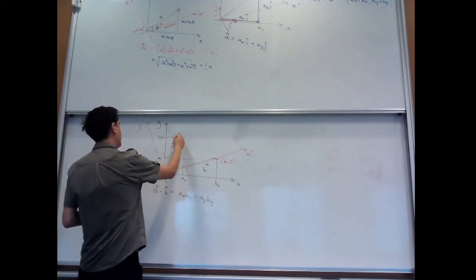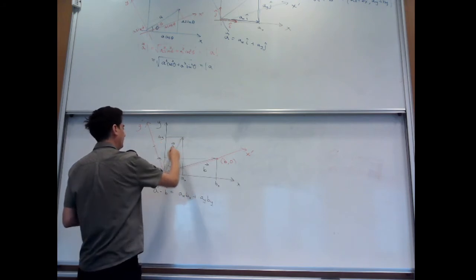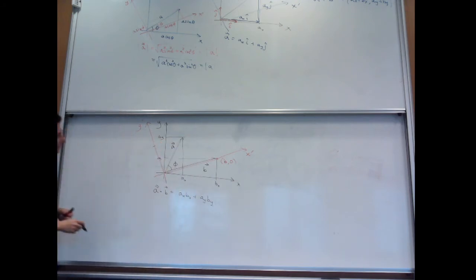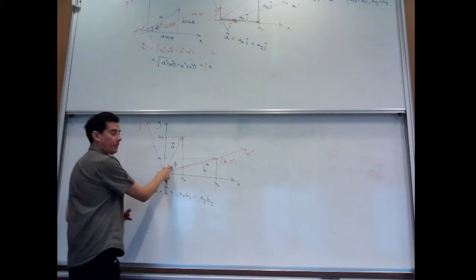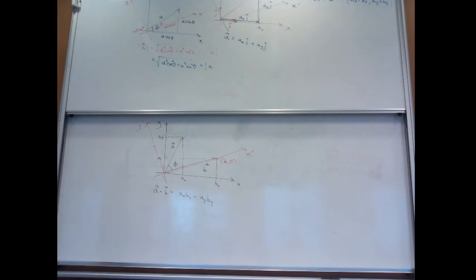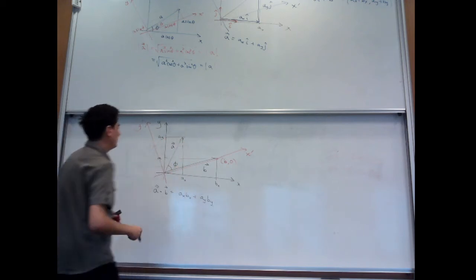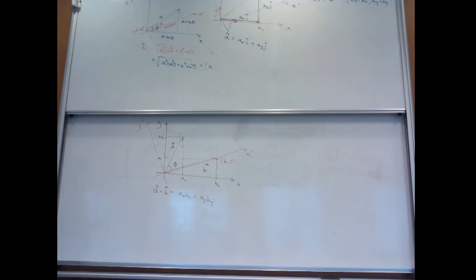Okay, and then this A vector, we know that the angle between them is phi, right? So what are the coordinates of A in the dashed coordinate system? We have to draw maybe a bit of a triangle here. You've got to tilt your head a bit.